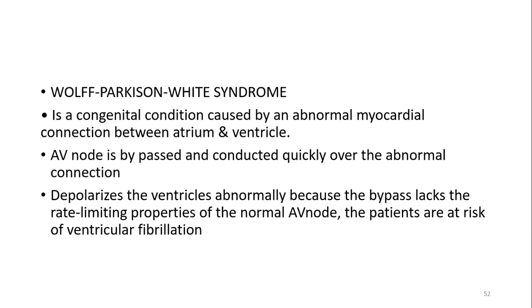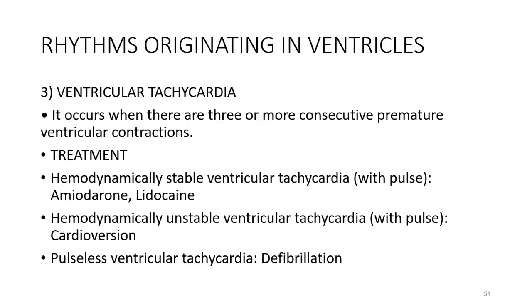But in this syndrome, there's an abnormal myocardial connection between the atrium and the ventricle. So the AV node can be bypassed, and the impulses are conducted quickly over the abnormal connections. The ventricles then depolarize abnormally because the bypass lacks the rate-limiting properties that the AV node has, and the patient is at risk of ventricular fibrillation.